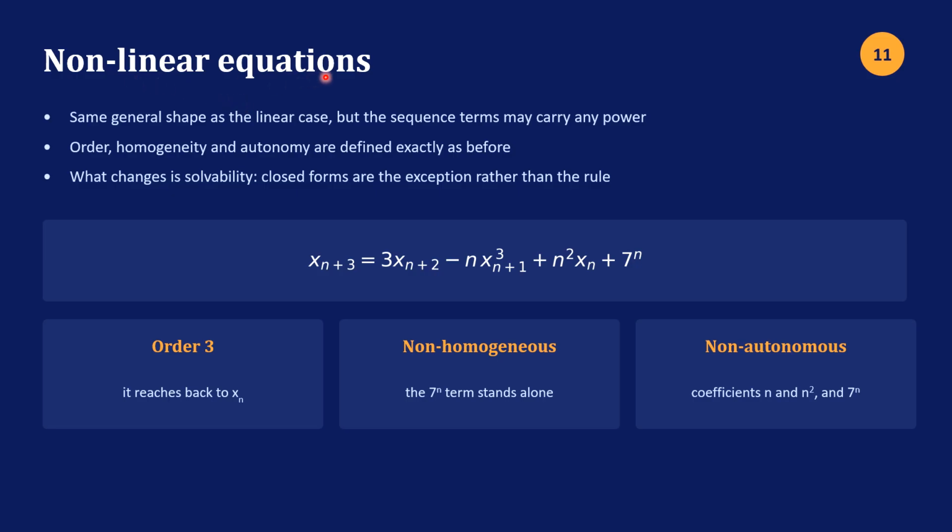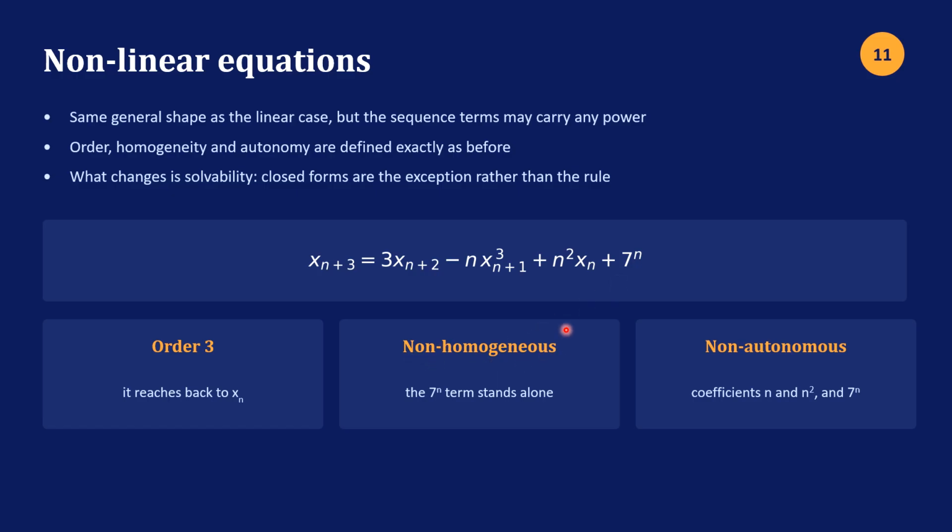So we can also have nonlinear equations. We're not going to deal with these very much, but I'll show you an example here. It's nonlinear because this term is cubed. It's non-homogeneous because even though you can take these three terms involving an x to the left, you still have this 7n.